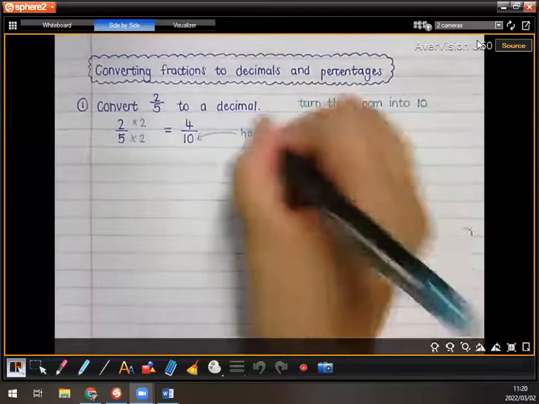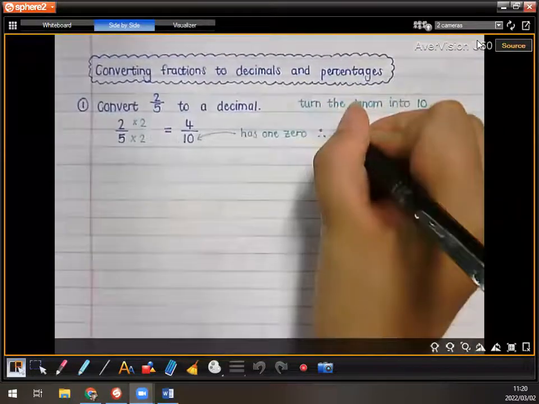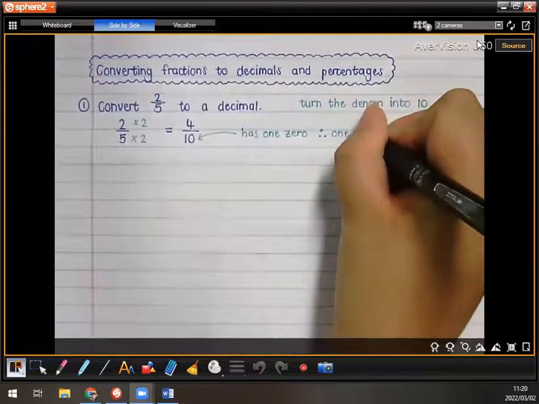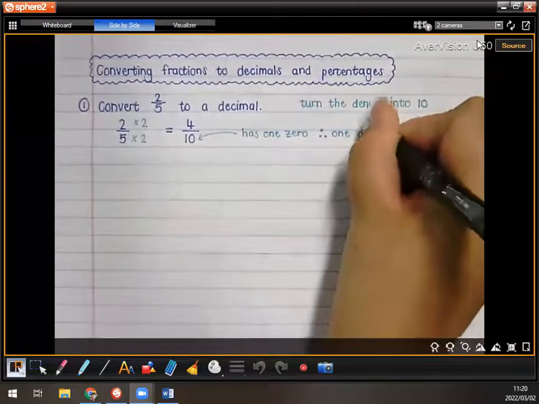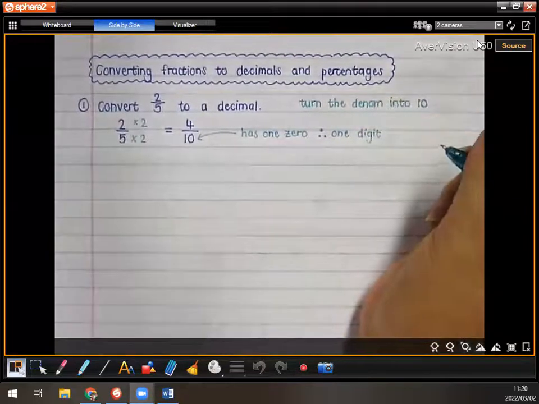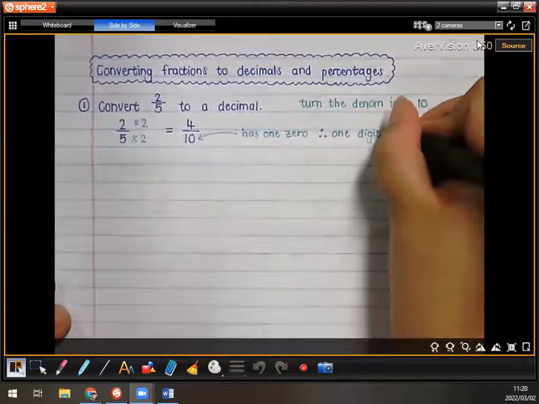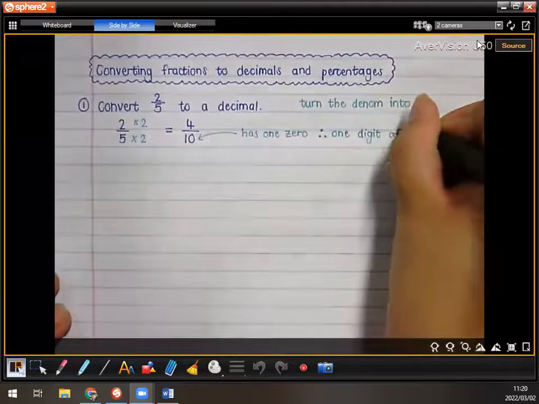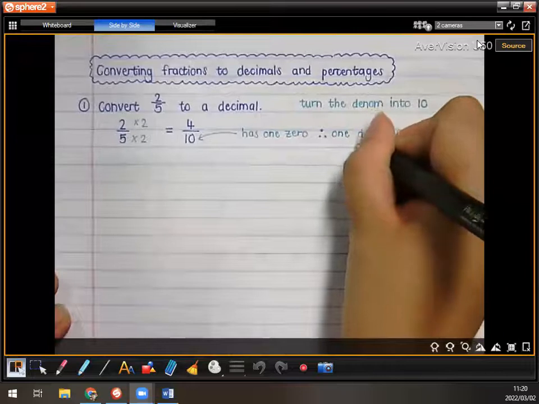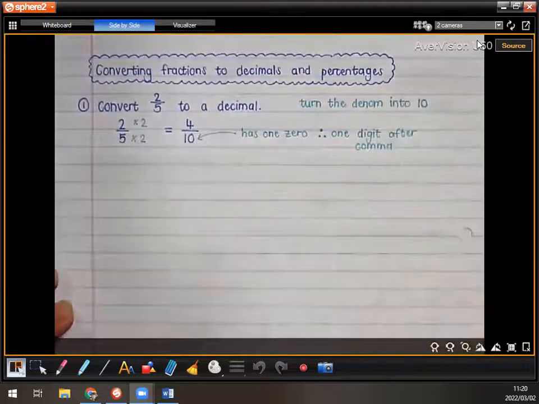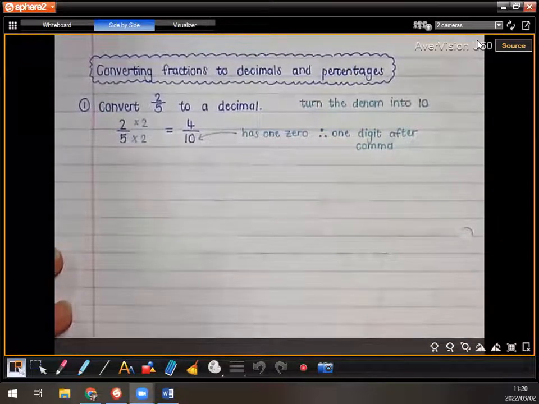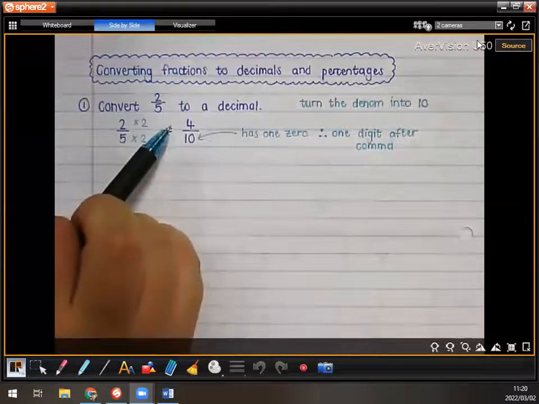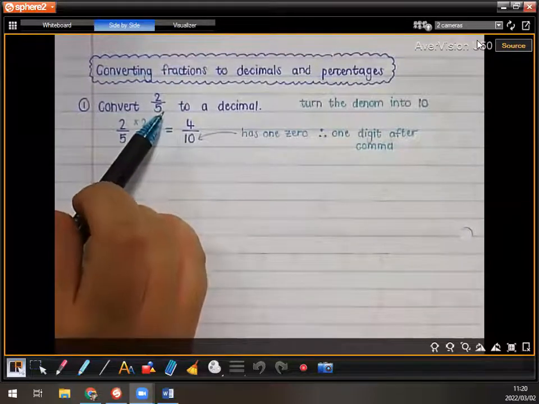Okay, I'll show you now what that means. Therefore, 1 digit, 1 number, 1 digit, right, after the comma. And the digit that you're going to write after the comma is the number at the top. What's going to come before the comma?